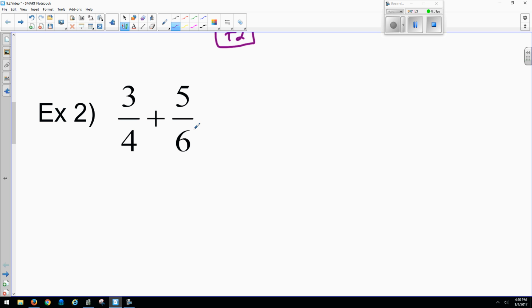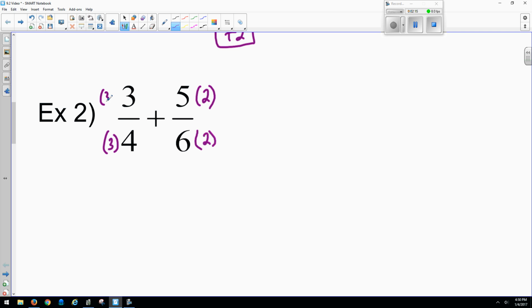And so what we need to do is change these fractions around, and hopefully this looks familiar from grade school maybe. So I'm going to multiply 6 by 2, but whatever you do to the denominator, you have to do to the numerator. So I'm also going to multiply the numerator by 2. Over here in the first fraction, I have to multiply the 4 by 3 to get 12.